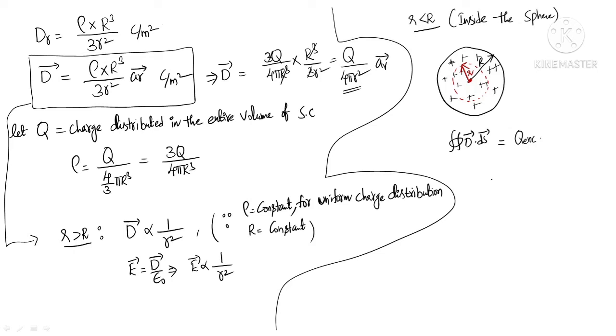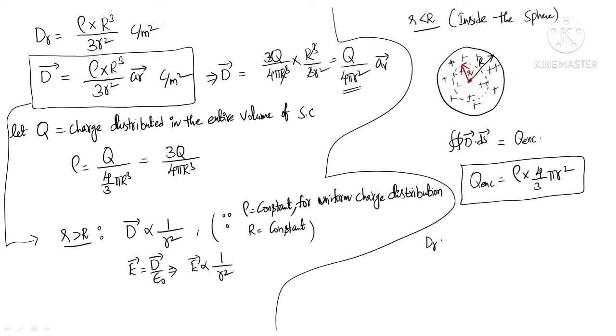How can you find this Q enclosed? As we know the rho, which is charge density, I can find the Q enclosed up to the radius small r as rho into 4 by 3 pi small r square. Okay, so this is Q enclosed. Now apply Gauss law. It is same.